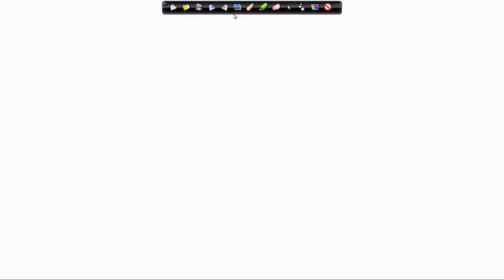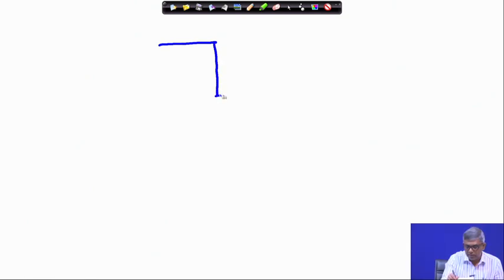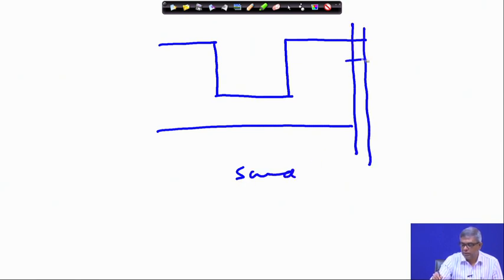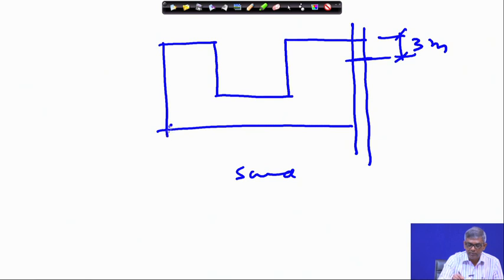So, it will be something like this. This is the excavation going on and this is the sand layer. When a borehole is made, the water table came somewhere here and this depth is 3 meter and this depth is 9 meter.